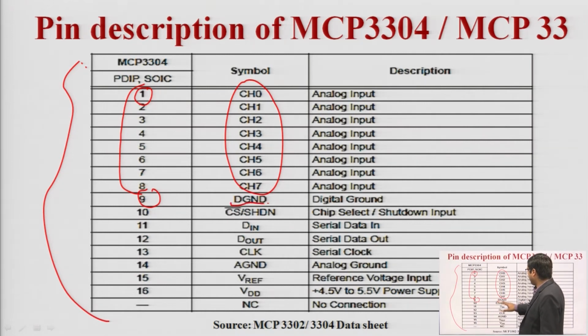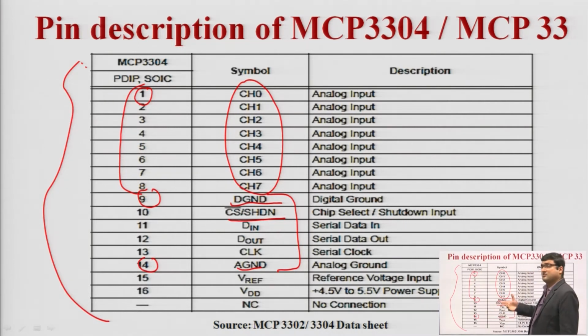After that, there is a digital ground in pin number 9 and an analog ground in pin number 14. Both share the same ground signal. After that, pin number 10 is the chip select. It has a complement sign because it is an active low signal. The SHDN pin is for shutdown mode, which we saw in the previous lecture.